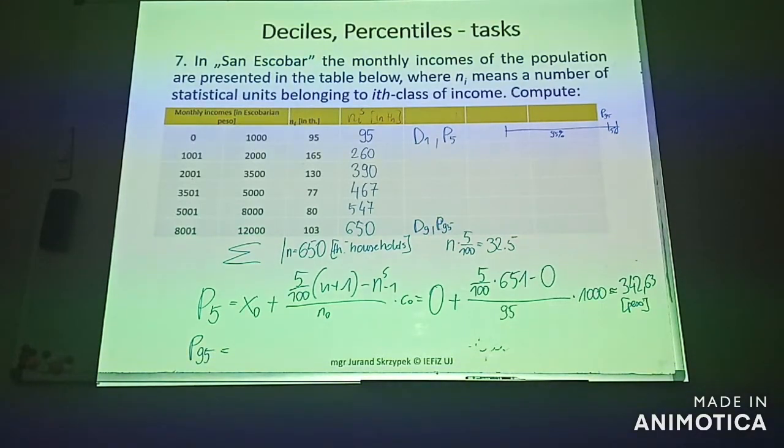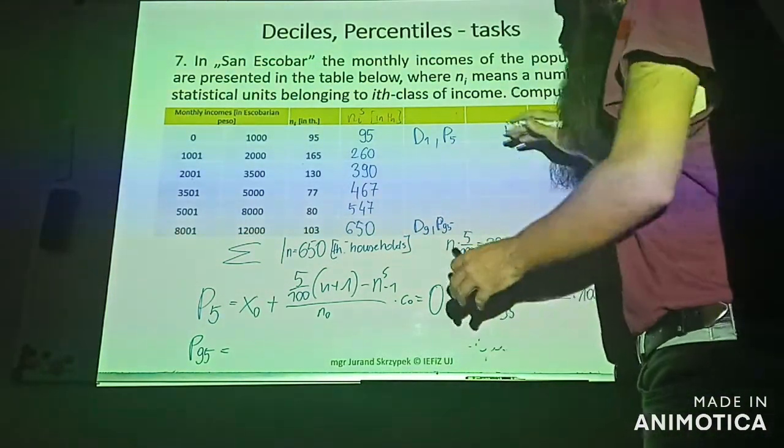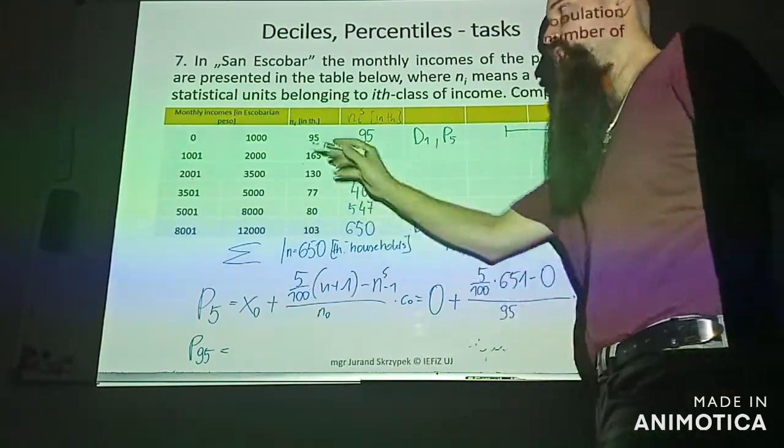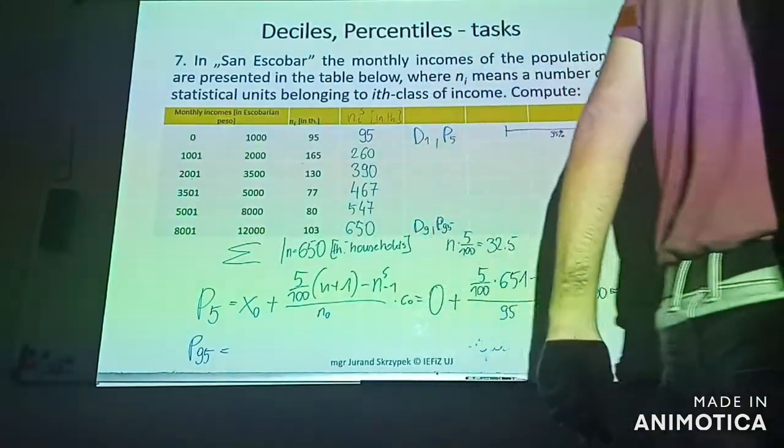We know it from the theory, and as I have marked earlier, we investigate here the most extreme groups. So we perform in the last and in the first class when we have extremely small and extremely high values.